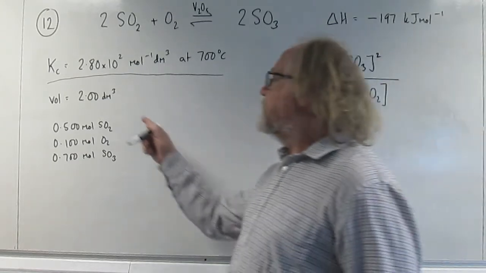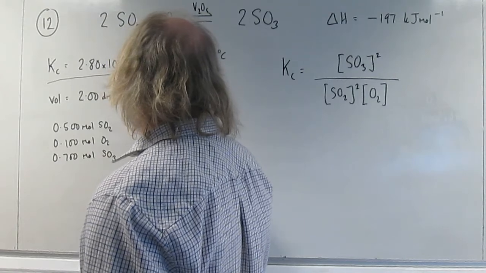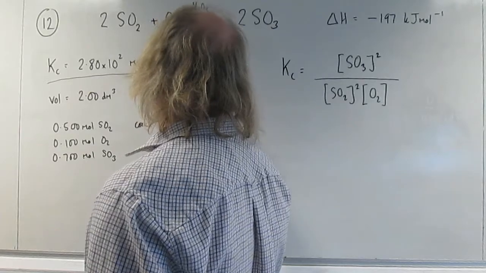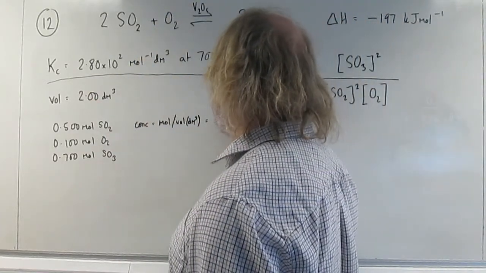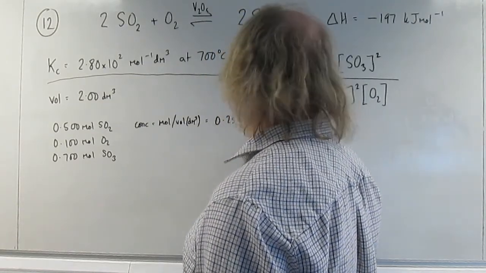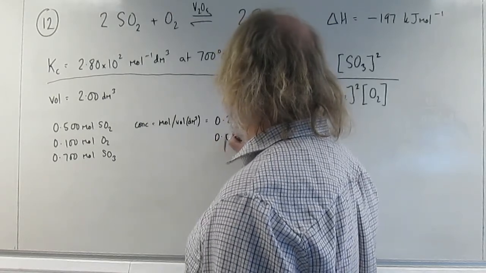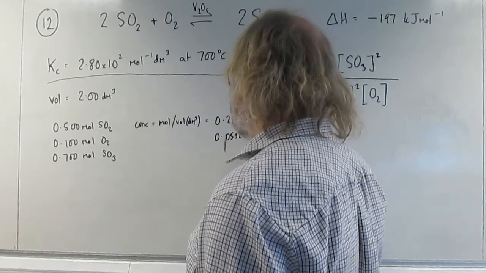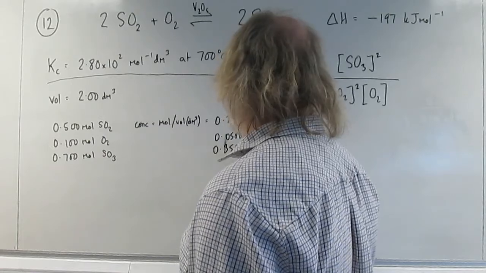And that's very easily done, because you just use concentration is moles over volume in dm cubed. And because the volume is just 2, that's very easily done. So you get 0.250 moles per dm cubed for SO2, 0.05 moles per dm cubed for oxygen, and 0.35 moles per dm cubed for SO3.